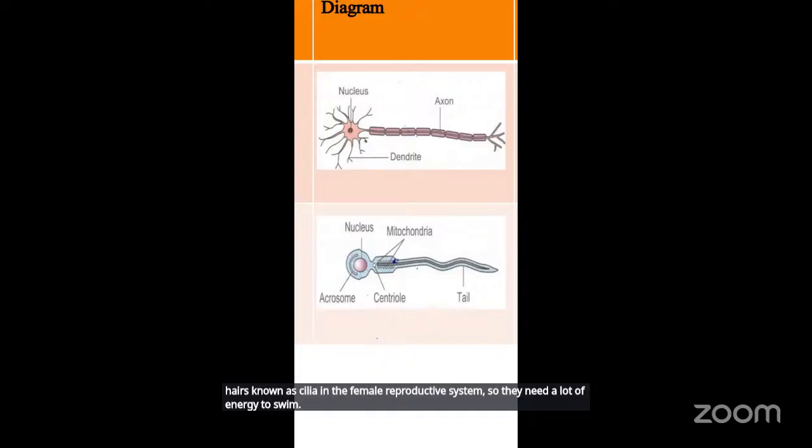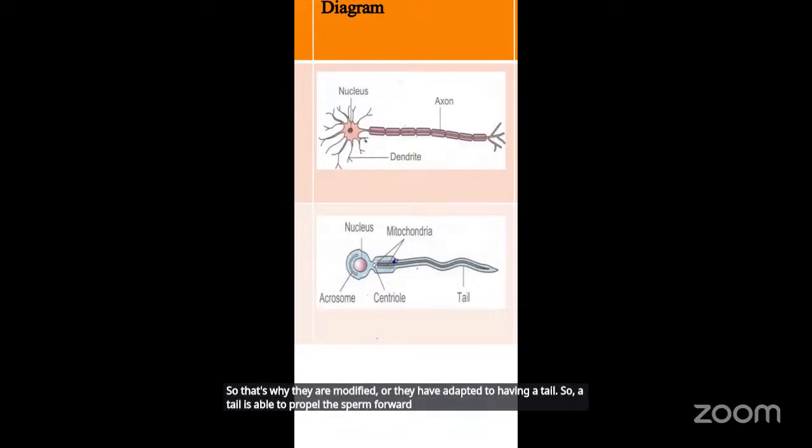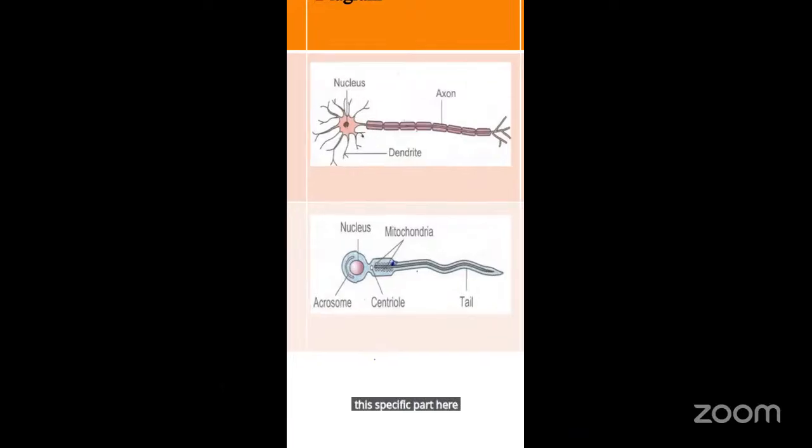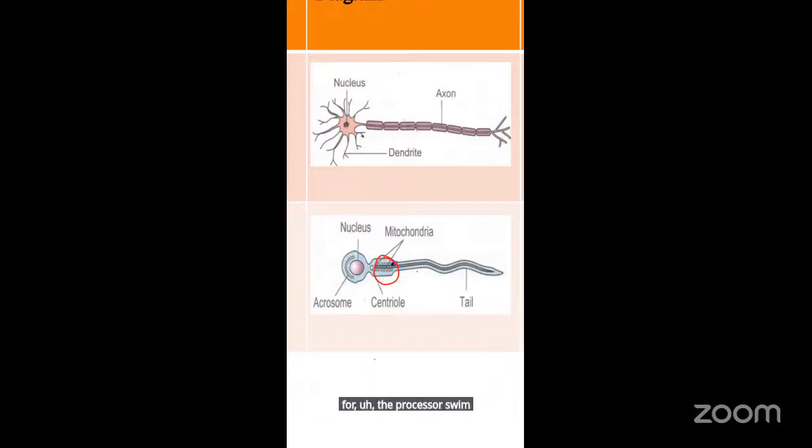So that's why they have adapted to having a tail. A tail is able to propel the sperm forward. And when you look at this specific part of the sperm, you'll see that we have numerous mitochondria, very many mitochondria. Those mitochondria are responsible for producing energy, which will be used for swimming across the female reproductive system.